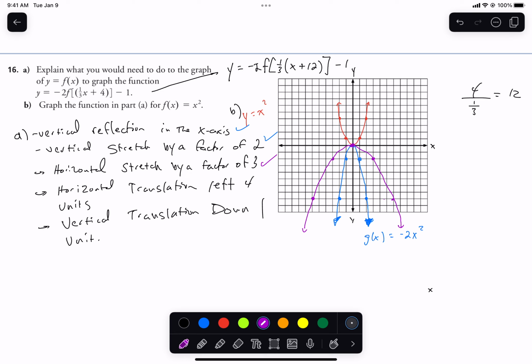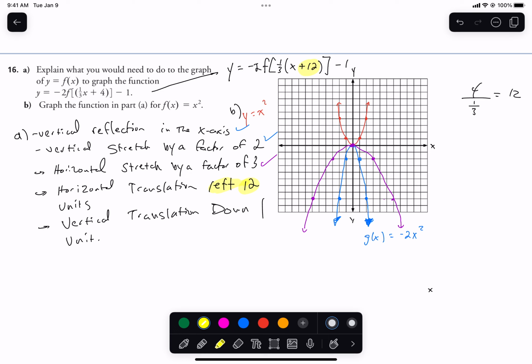Oh, sorry, I made a mistake up in here. I knew it wasn't going to fit and I wrote down the wrong thing. It's going left 12 units, and that comes from here.